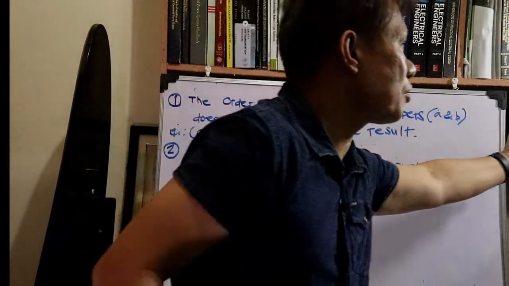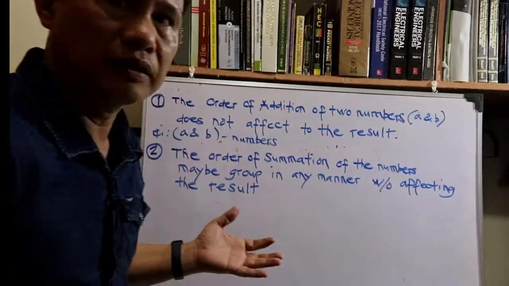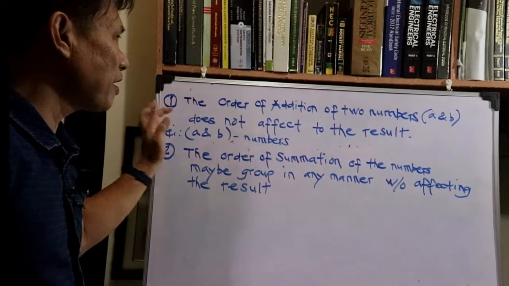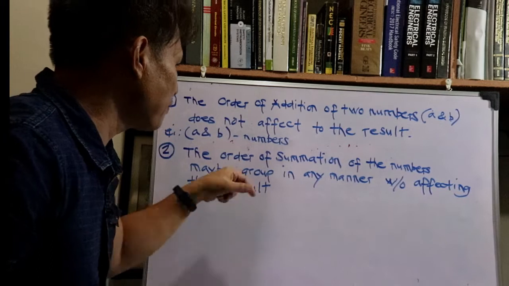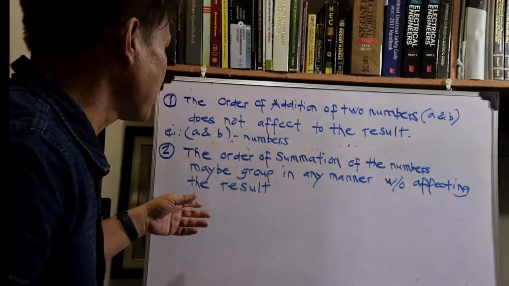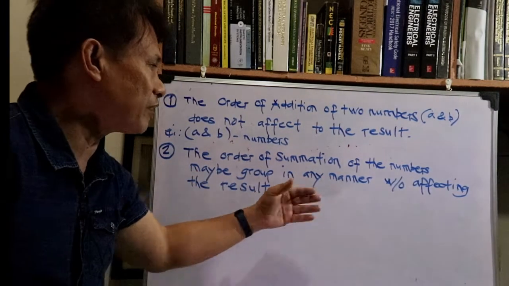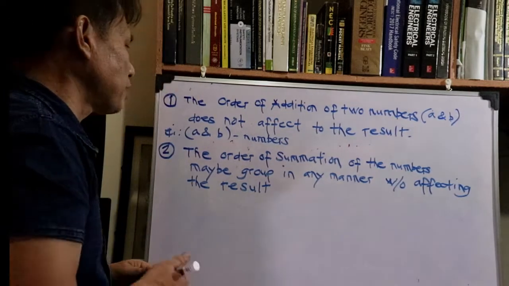So this is the associative property of addition. Okay? In number 1, we have the order of two numbers. Now we have the order of summation of the numbers, which may be grouped in any manner without affecting the results.